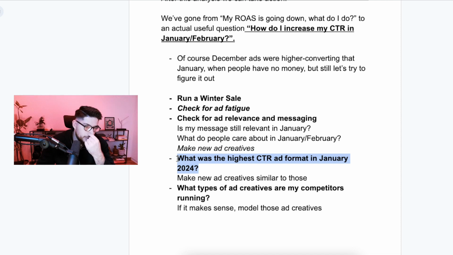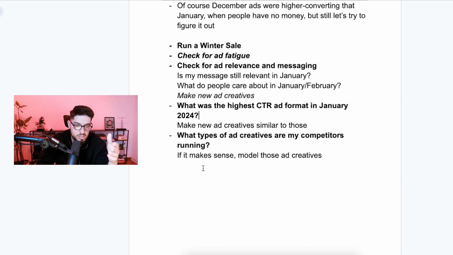Another interesting thing: ask yourself, what was the highest CTR ad format in January of 2024, so last year? You want to make new ad creatives that are similar to those. For example, imagine the winning ad creative based on CTR last year was a split screen with a model on the left and the product on the right.